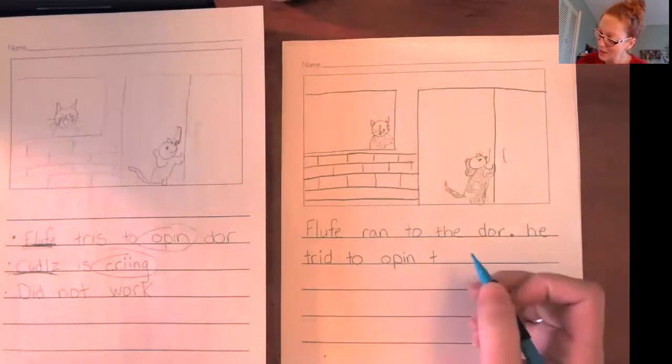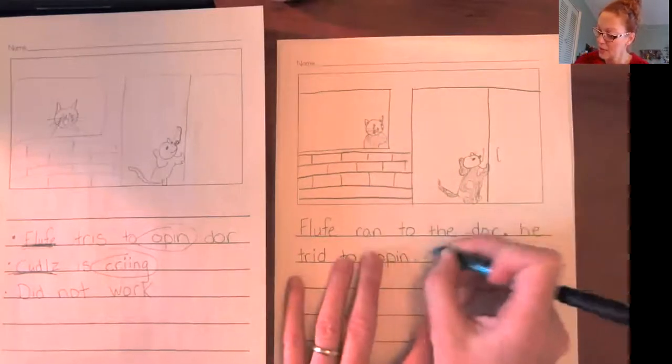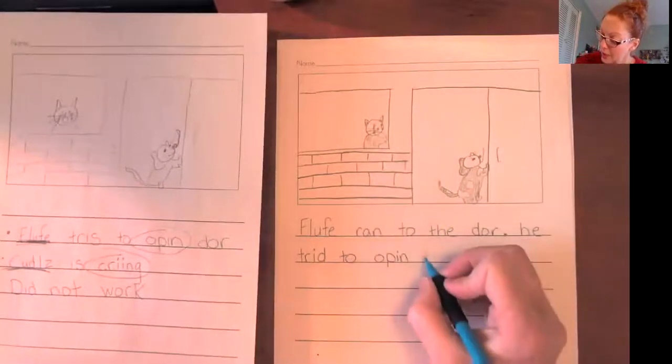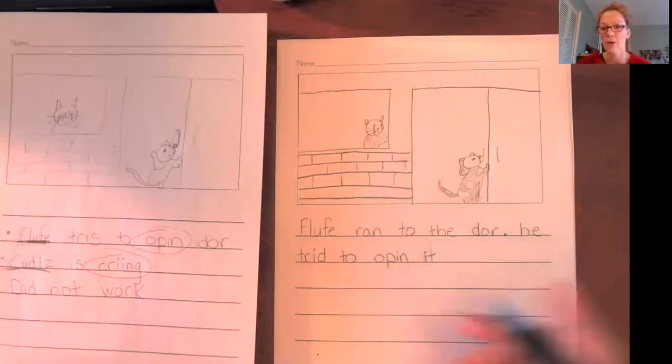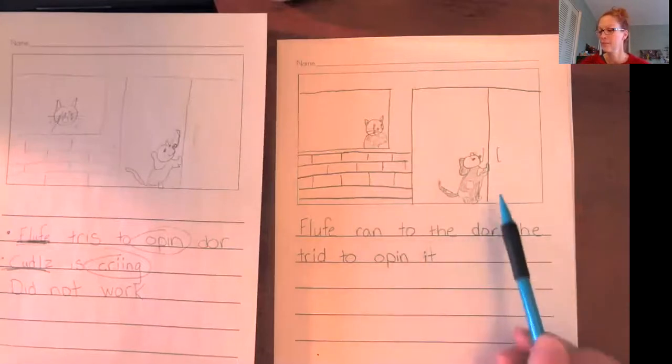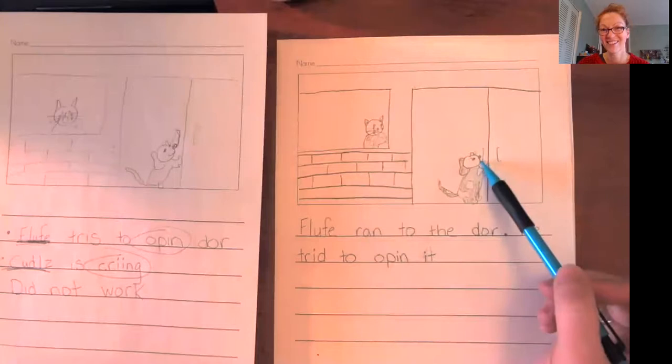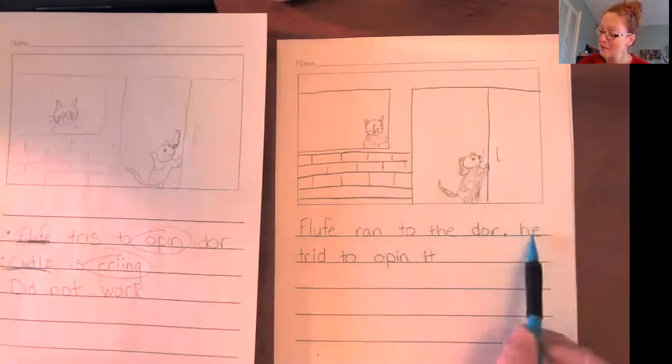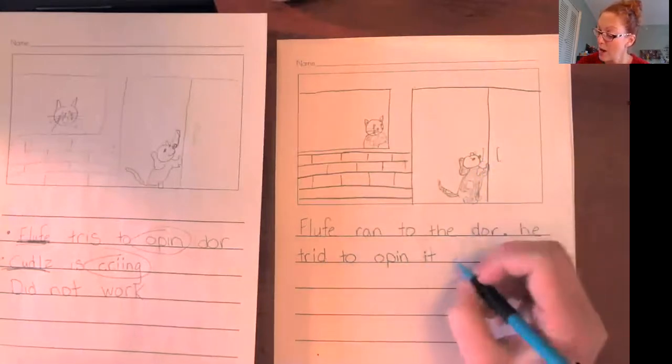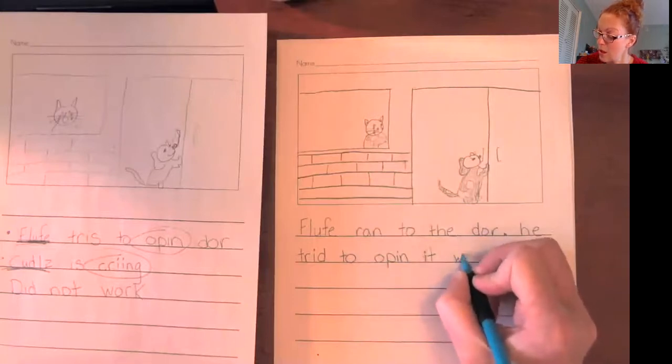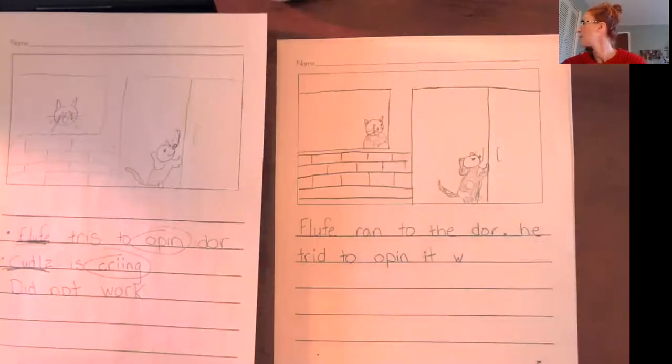Yeah. I'm just going to move it over a little bit. He tried to open it. How did he try to open it? What did he use? Yeah, his mouth. He tried to open it with, I'm going to look for my power words.